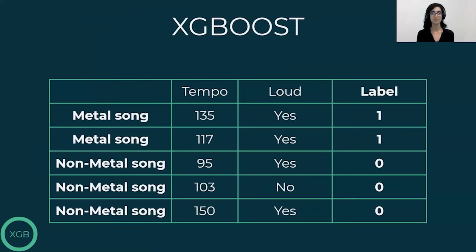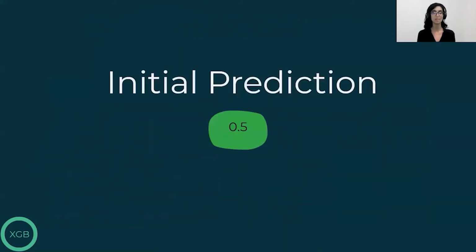Of course, we have more features and more songs than what we see in this table. XGBoost starts by giving one initial prediction for all of the samples, the same prediction, and its default value is 0.5. So the default prediction is that there is a 50% chance that the song is a metal song.